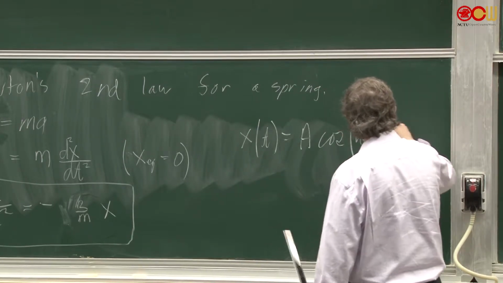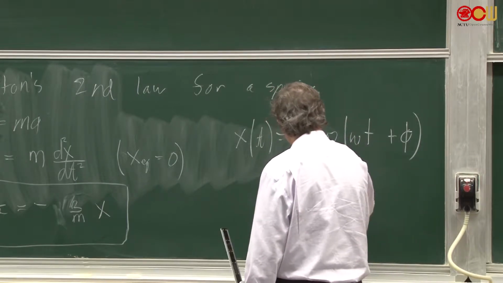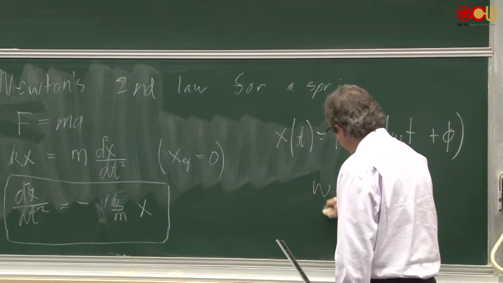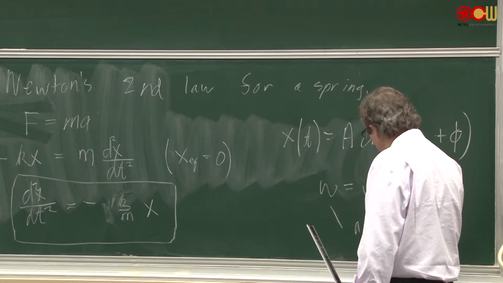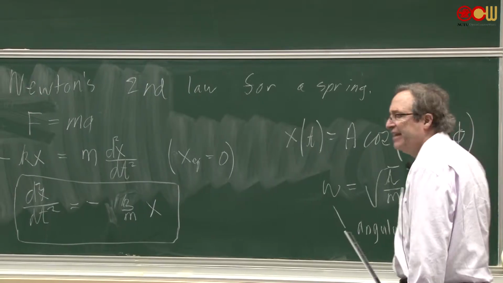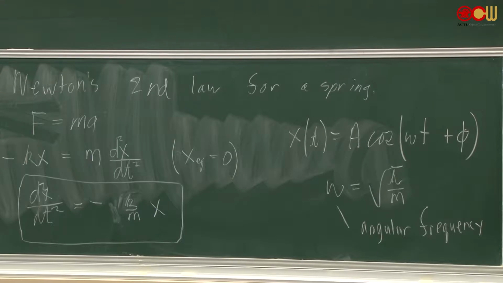And we usually write it like this, where omega is the square root of k over m. So this is the angular frequency. It is not called the angular velocity.